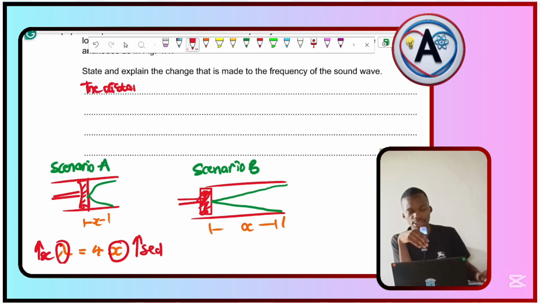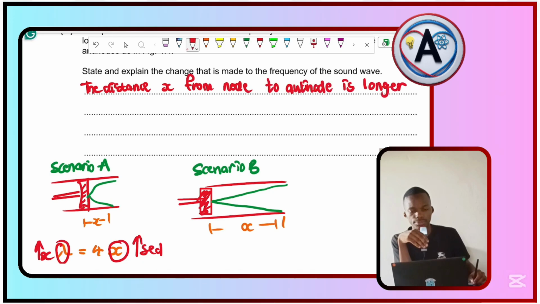So the distance x from node to antinode is longer, right? So lambda is also longer.